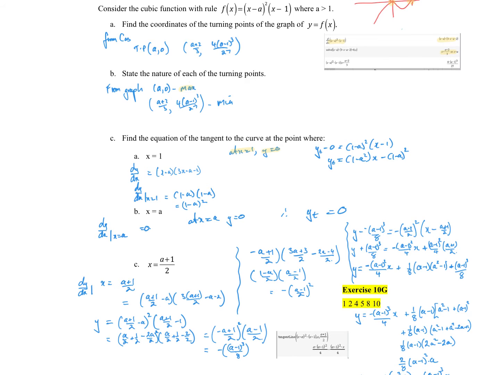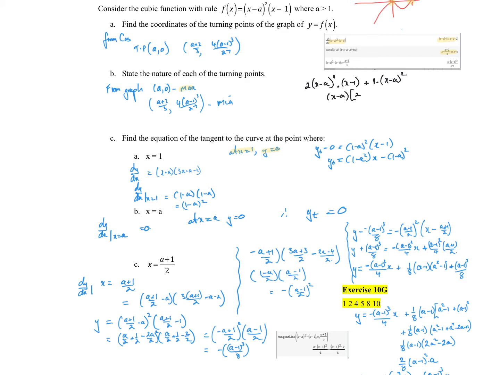If we do need to differentiate by hand, let's just use a little product rule. So the derivative of the first, which would be 2(x minus a) to the power of 1, times the second, x minus 1, plus the derivative of the second, which is just 1, times the first. So again, I've got that x minus a as a common factor.